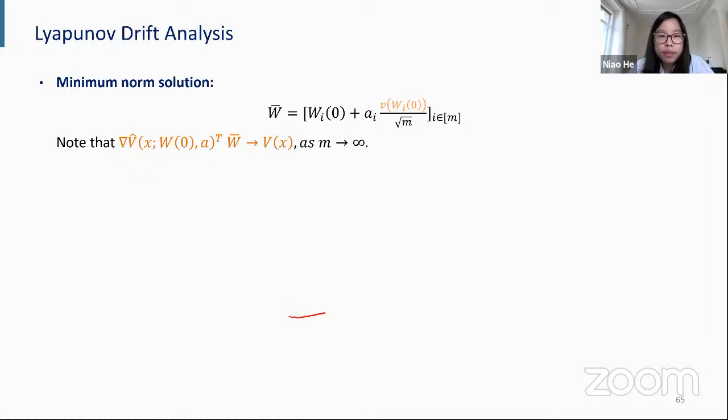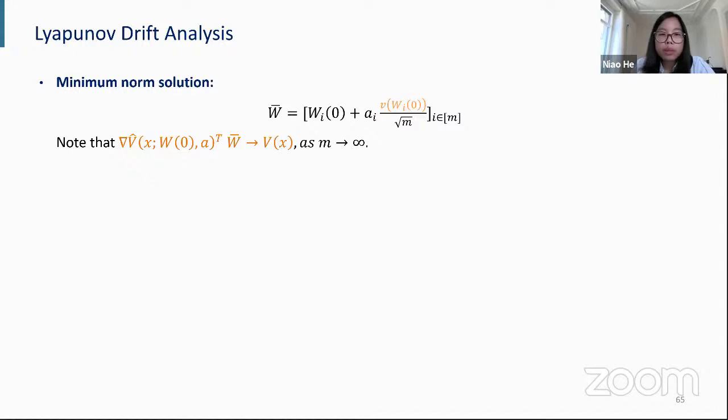So the idea is basically the following. Let's define this minimal norm solution W bar. This W bar is basically the initial point W0 plus A, the coefficient we used before for initializing your neural network, times V, the representation of your value function in the RKHS.